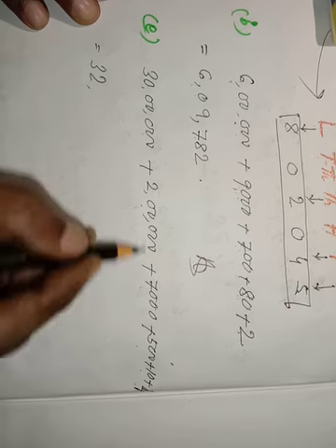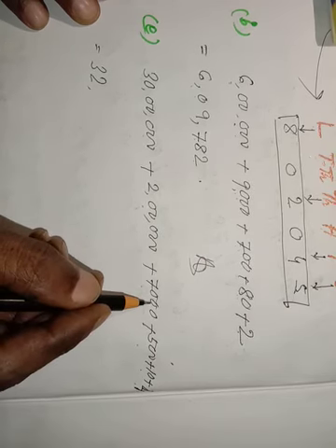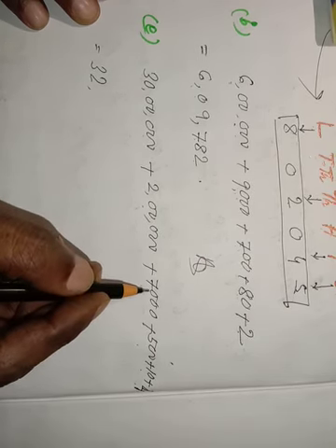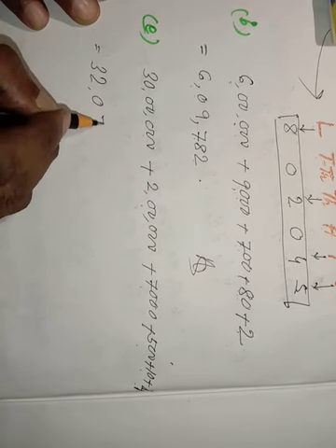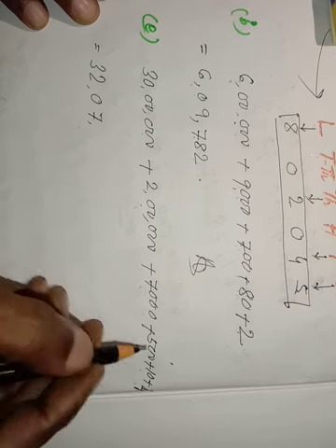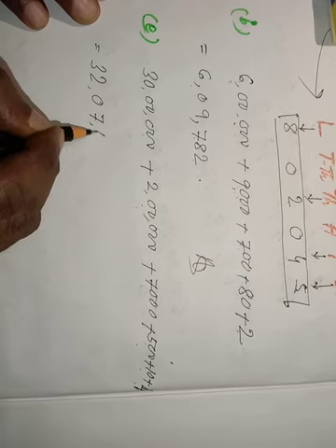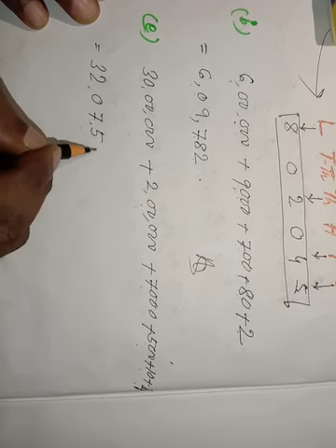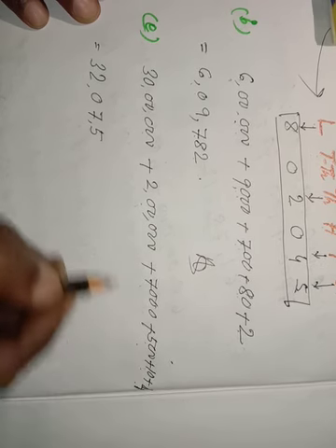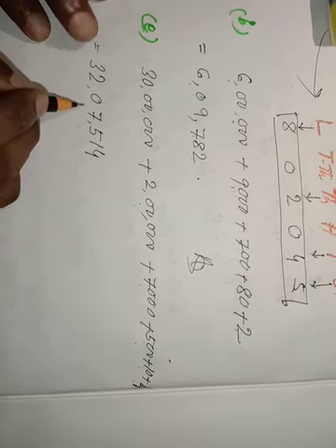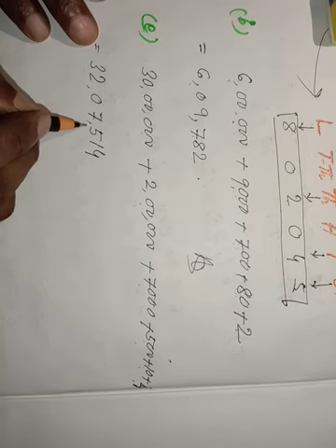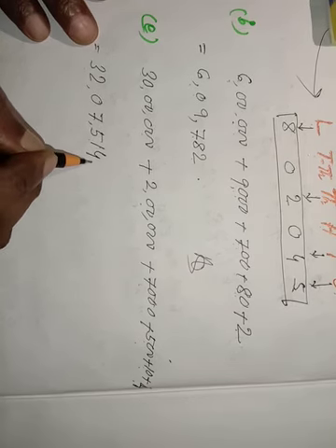Next is 7,000. See, 7,000 means 10,000 place I write 0. 7,000. Next is 500. 100 place 5. 500. 10 plus 4 means 14. 514. The result is 32 lakh 7,514.